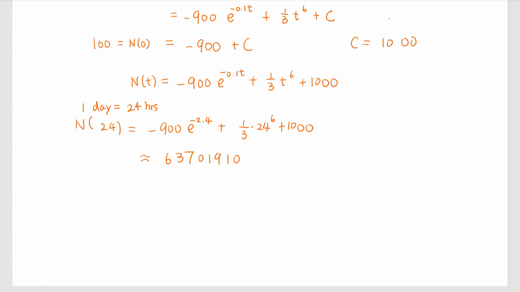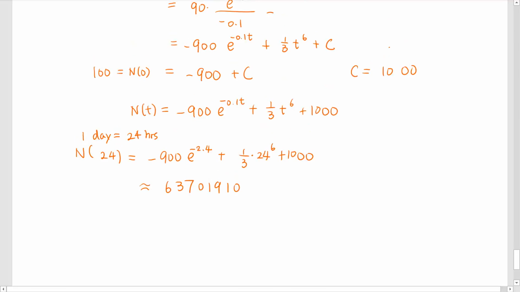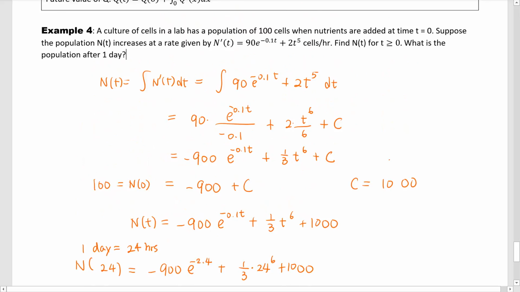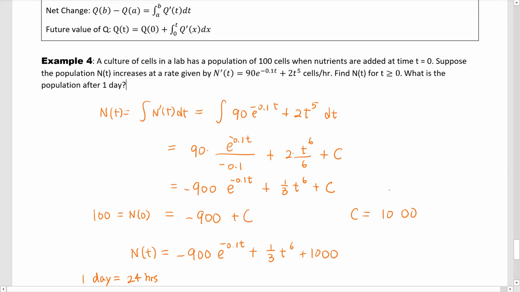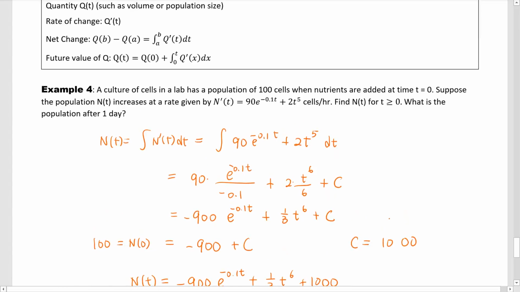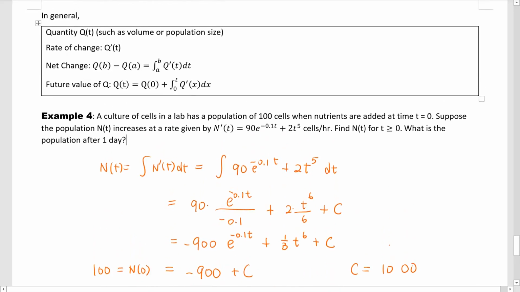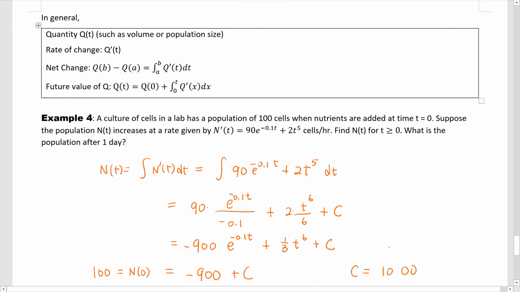Okay? And we also saw the examples with this population. So actually any quantity, if you're given the rate of change, you can always find the quantity by integrating the rate of change.